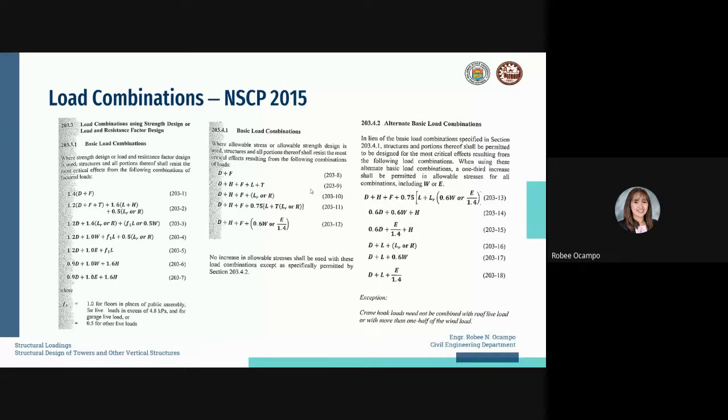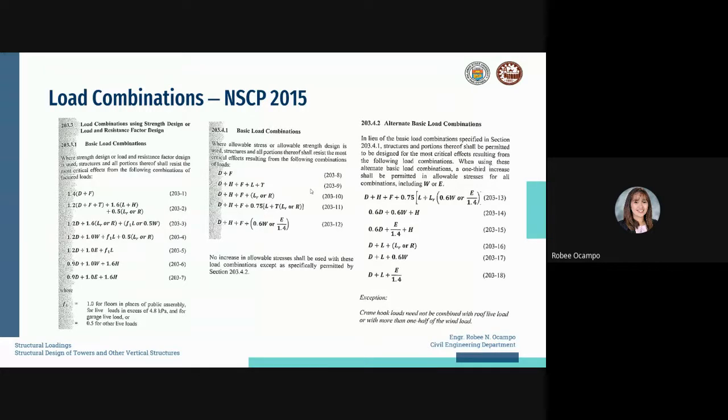Of course, you have here the load combinations with wind, and of course the load combinations with earthquake. Some of the factors here we cannot include, like for example the hydrostatic force.